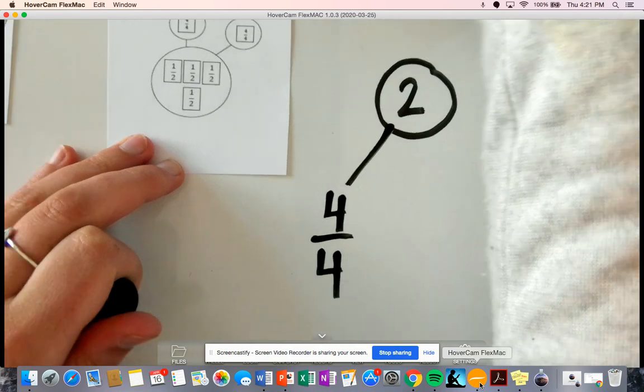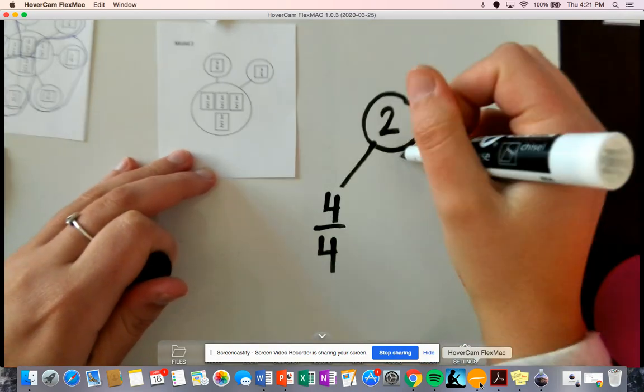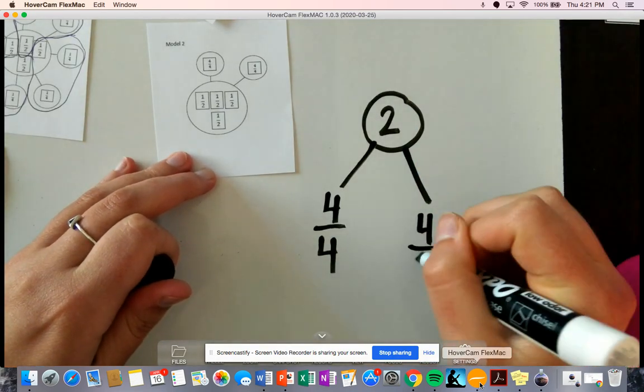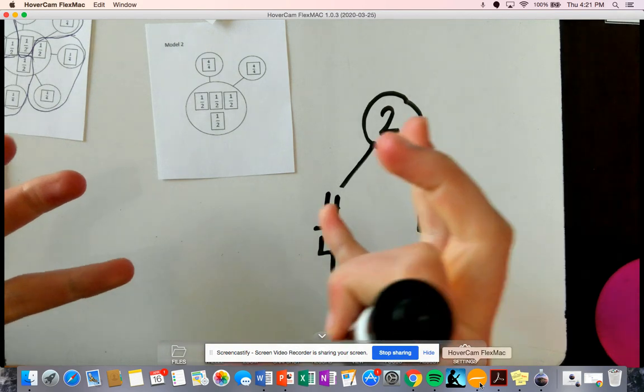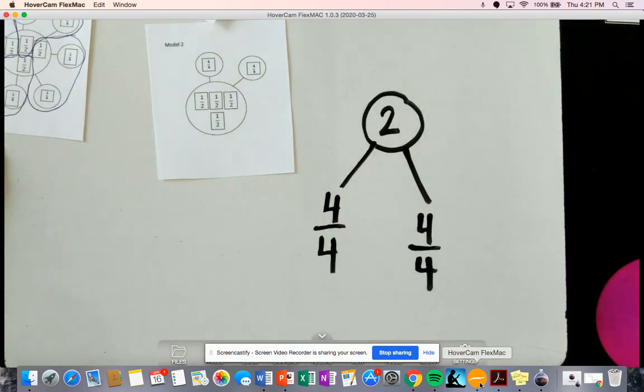And then, since I have 2 wholes, I can add another 4/4. So that's what we're going to be doing today, because we're going to be looking at different whole numbers and breaking them apart based on that fraction.